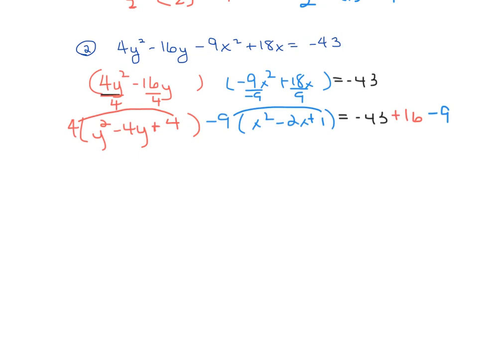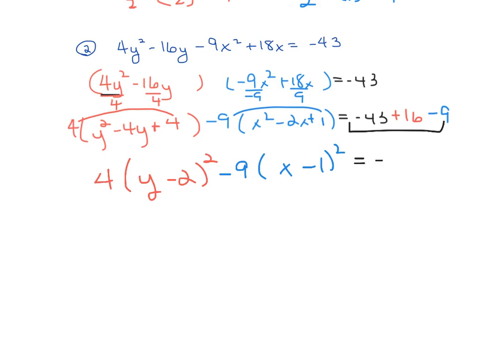All right, next, I need to factor the trinomials. So again, 4, and then when I factor this, I get y minus 2 squared. Over here, negative 9, x minus 1 squared, and then I'm going to add these 3, and it equals negative 36. Again, I want it in standard form, so I'm dividing everything by negative 36.